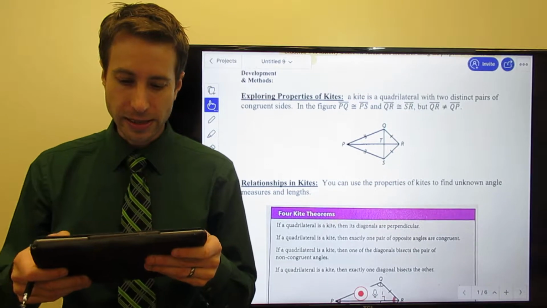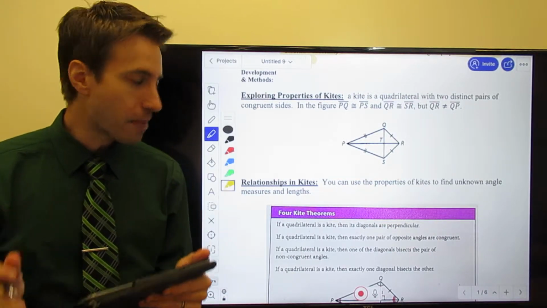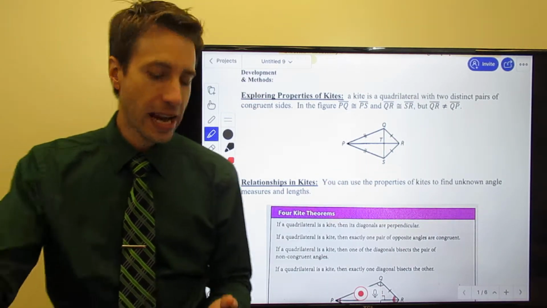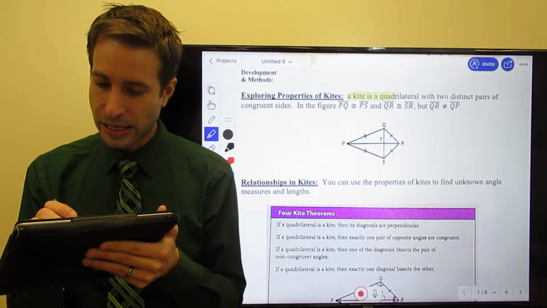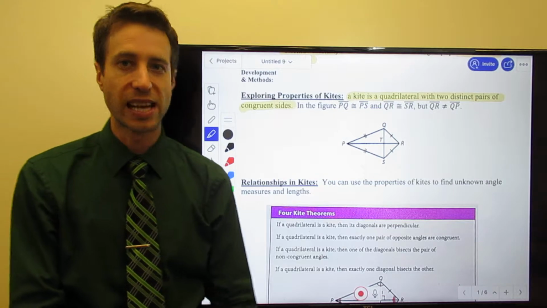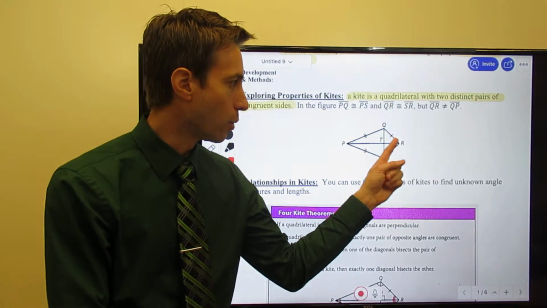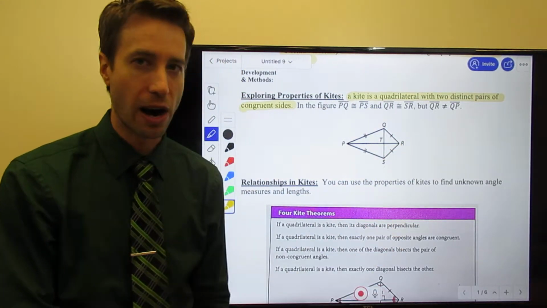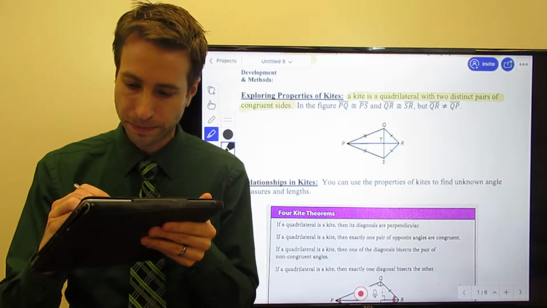So here is a kite. I've got a diagram of a kite for you right here, and here's all it is. A kite is a quadrilateral with two distinct pairs of congruent sides, and you can clearly see that. QR is congruent to RS. That is one pair.